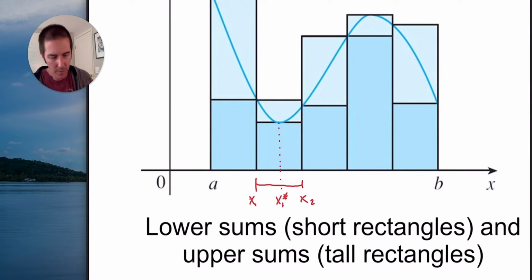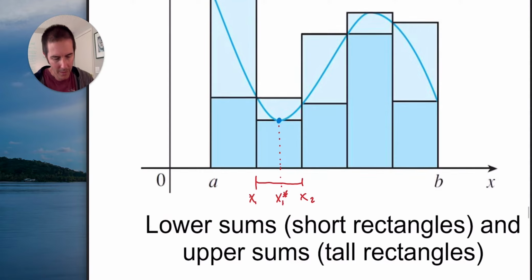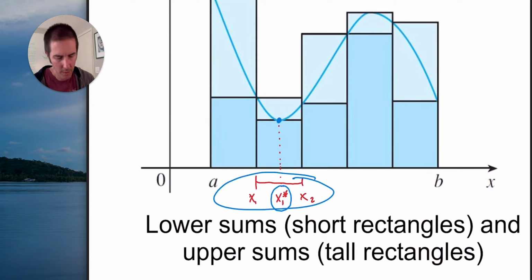How am I supposed to get my hands on a point that has this as a y coordinate? Well, I would need this x sub 1 star to be my x coordinate. It's the x coordinate on this interval that gives me the lowest possible y value on that interval, which would give me the most extreme underestimate for my area under the curve.